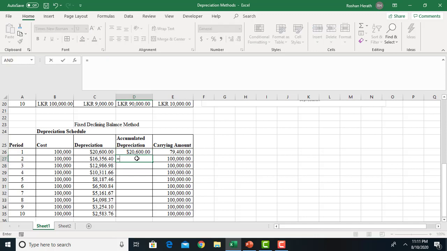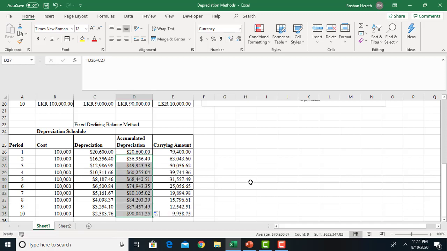For later years, take the previous year accumulated depreciation plus the depreciation for the relevant period to get the accumulated depreciation. Then simply drag it. Here it gives you the depreciation and accumulated depreciation, thereby the carrying amount.